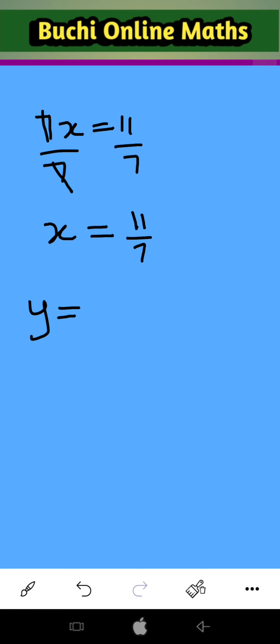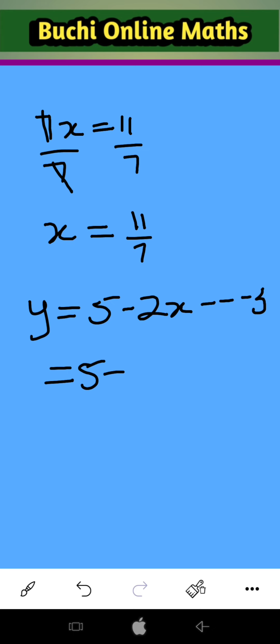Remember, this is equation 3. Now that x equals 11/7, what we have here will be 5 minus 2, then bracket 11/7. We close the bracket.